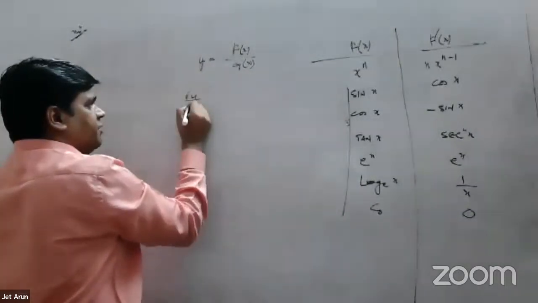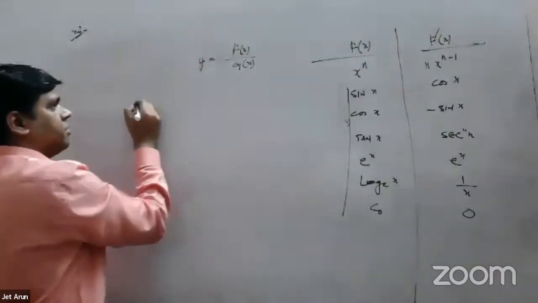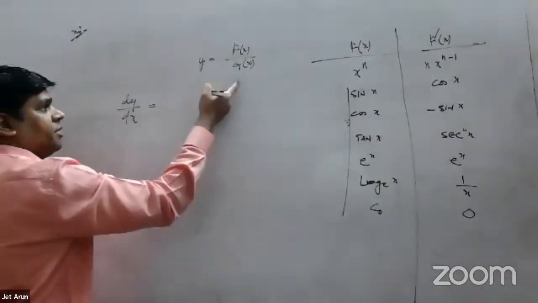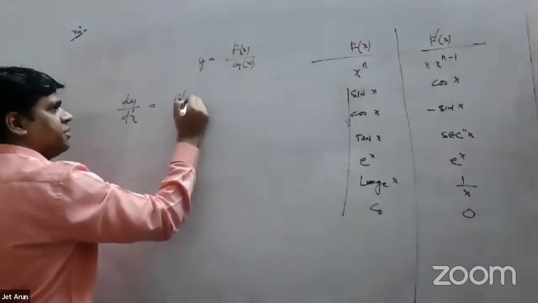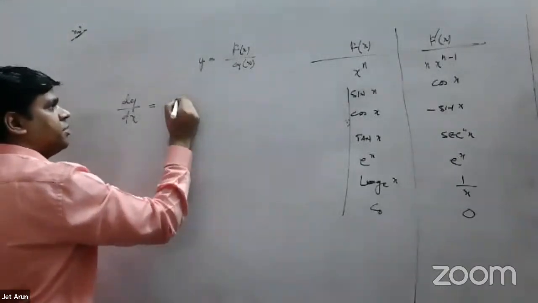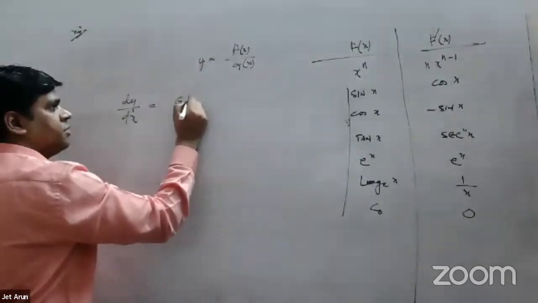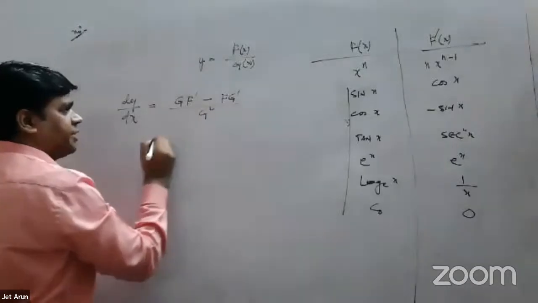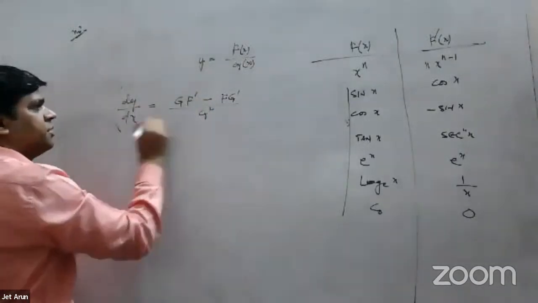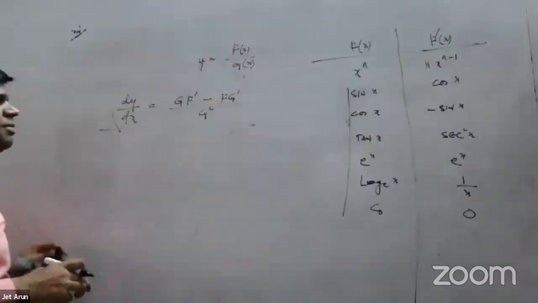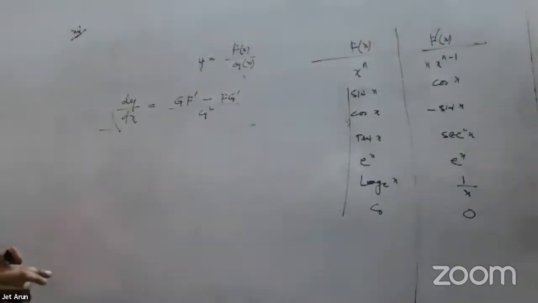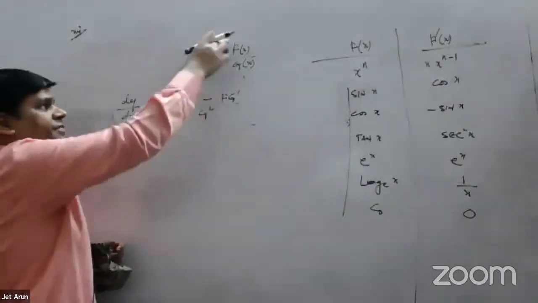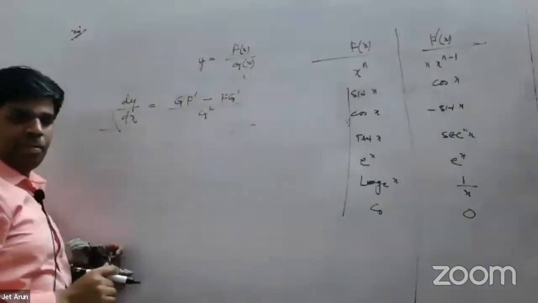So y dash, which is dy dx, would be g f dash minus f g dash by g square. This is a little confusing to remember, but somehow you remember. There's no mnemonic for it. With practice, you can remember. g f dash minus f g dash by g square.